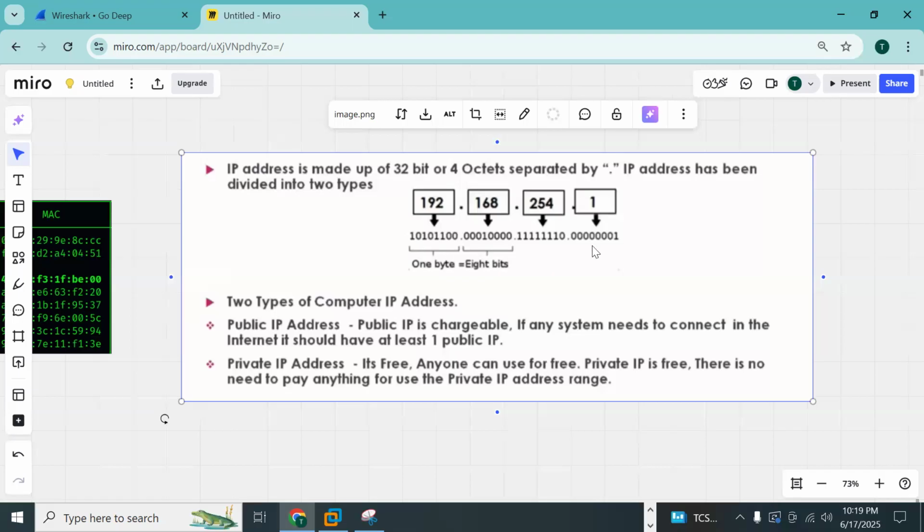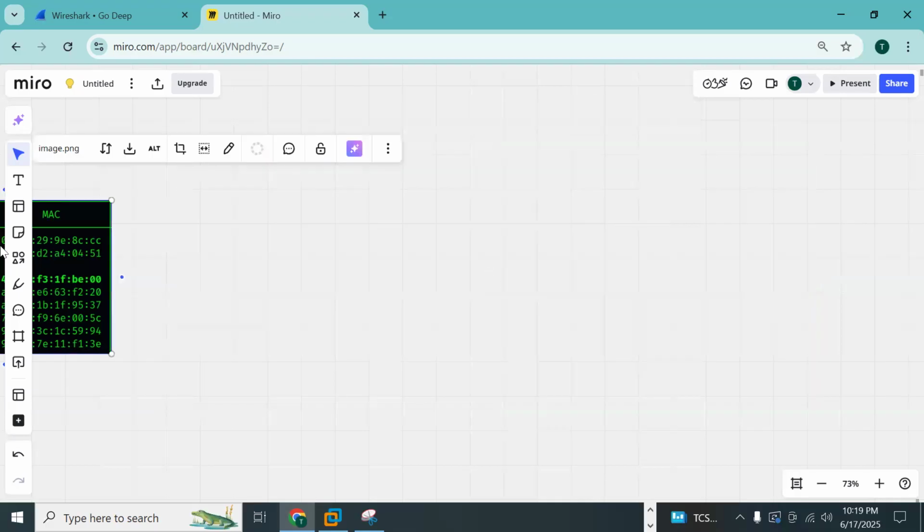How is it calculated? We know that one byte is equal to 8 bits.